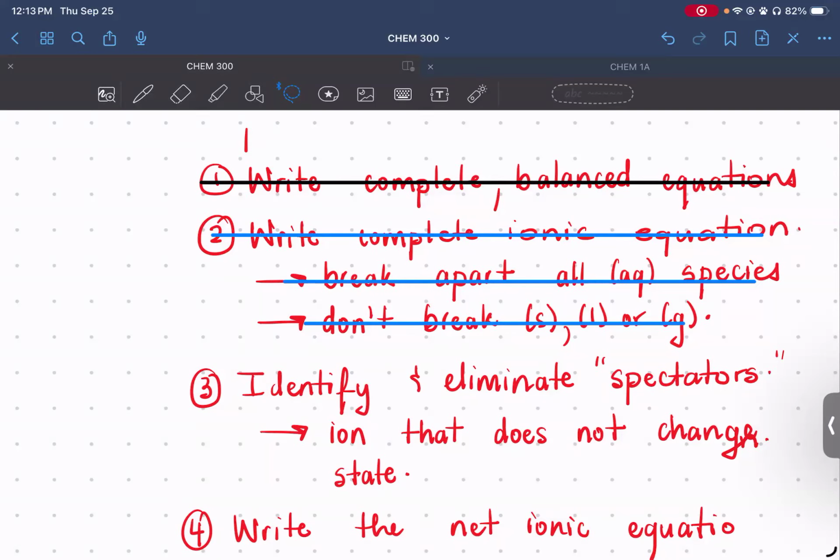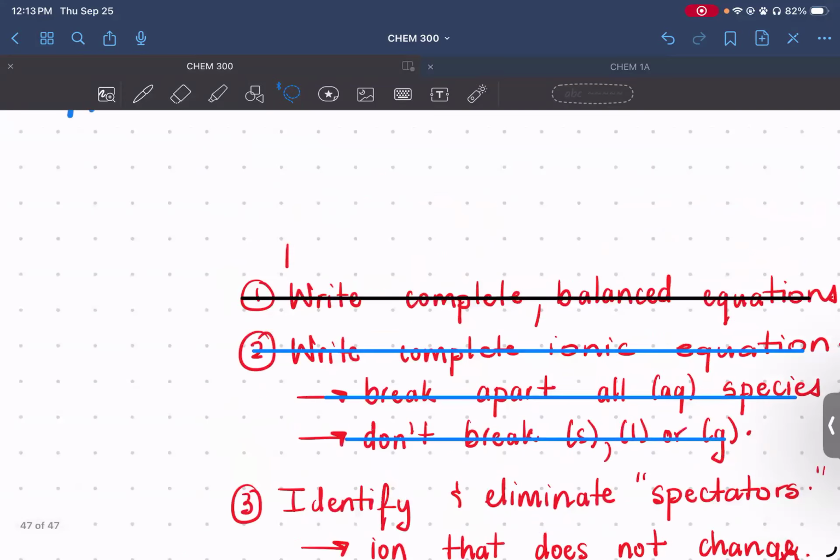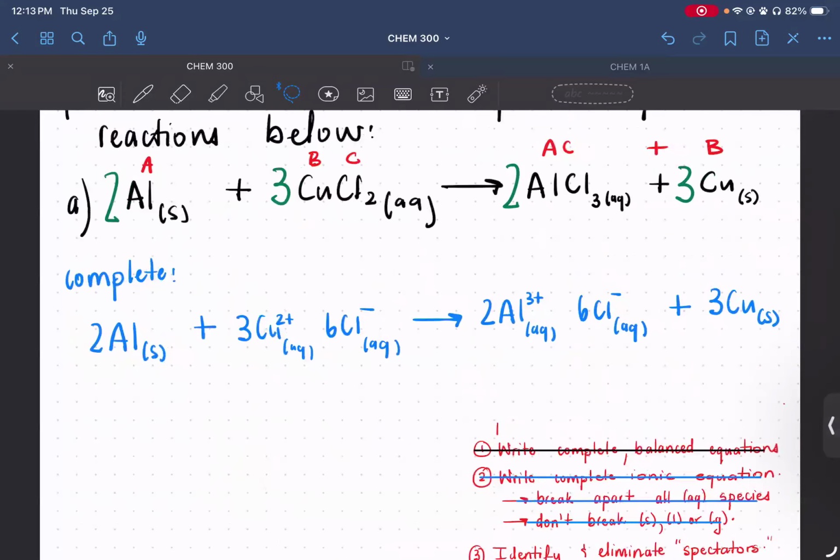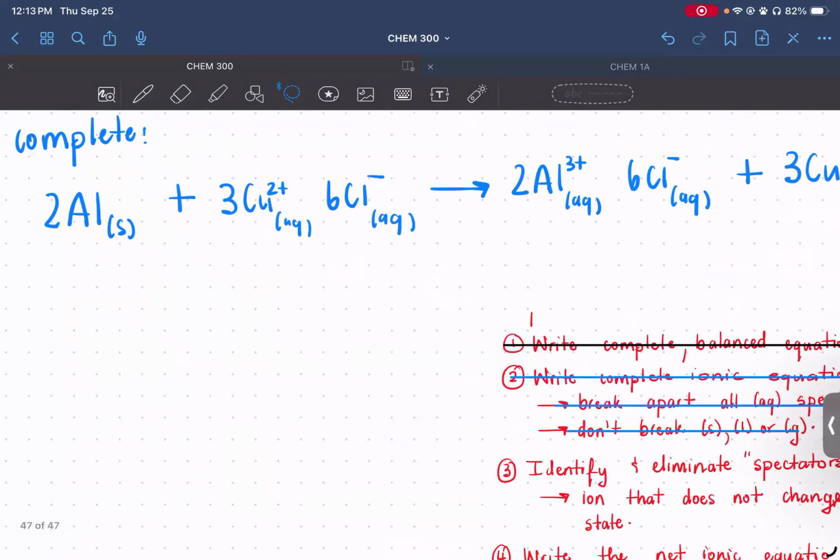The audience in the stands are not themselves playing in the game, but their very presence helps the players play better. So the spectator ions are the ones that are basically on the sidelines, not doing anything. They don't change states. So let's look through the reaction to try to identify which ones are spectators.